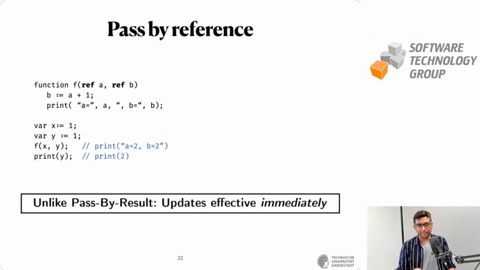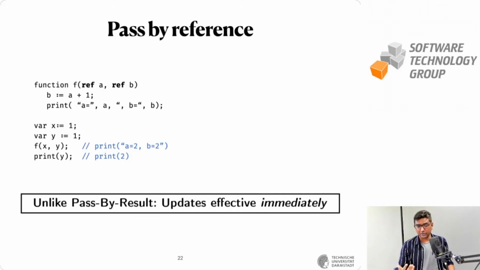Here the reference of y is passed to b, the same way the reference of x is passed to a. The moment the computation b equal to a plus 1 happens in memory, the value that the reference of y points to is updated to 2.